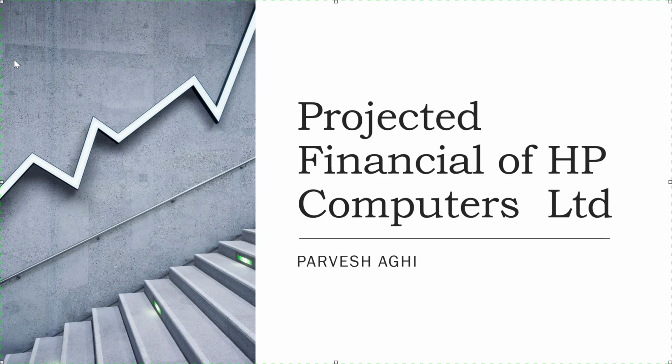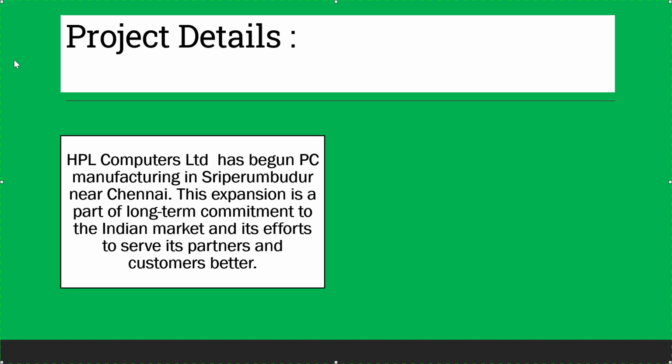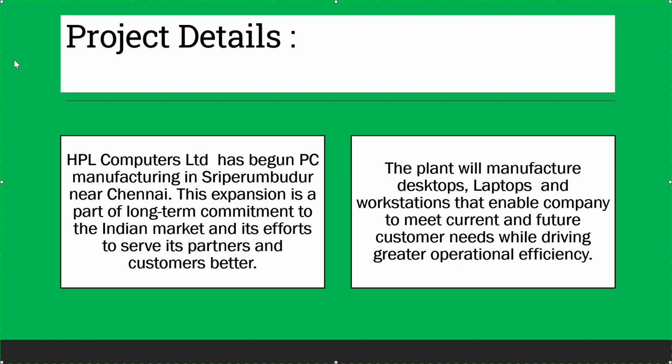So, my company name is HP Computers Limited. So basically, it's a company which is manufacturing computers and computer peripherals. Okay. Now, just read this, Pulkit. HPL Computers Limited has begun PC manufacturing in Sriperumbudur near Chennai. This expansion is a part of a long-term commitment to the Indian market and its efforts to serve its partners and customers better.